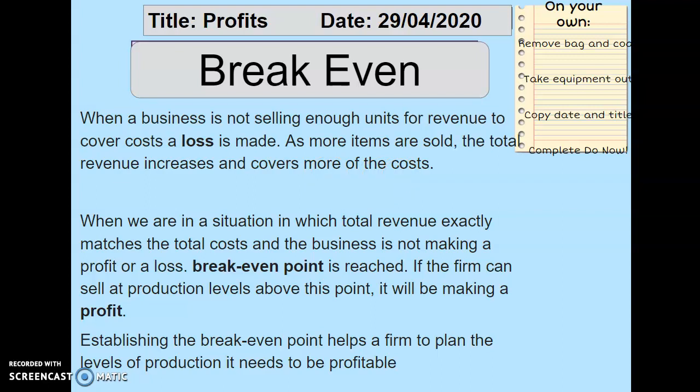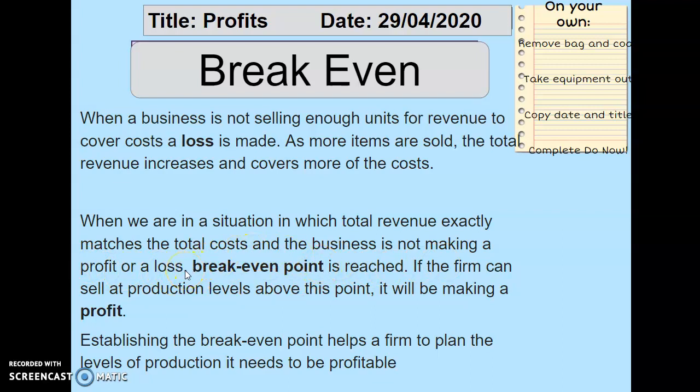So when we are in a situation in which total revenue exactly matches the total costs, the business is not making a profit or a loss. We say that it is at a point called break even, okay?